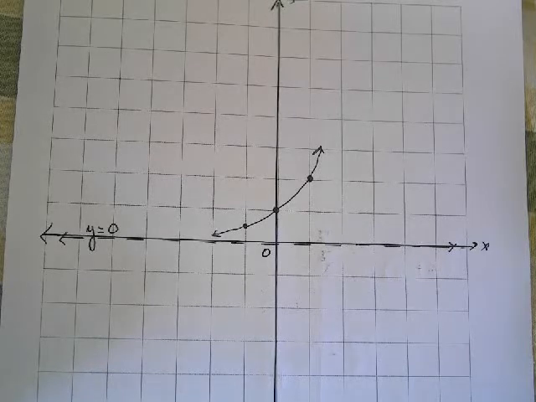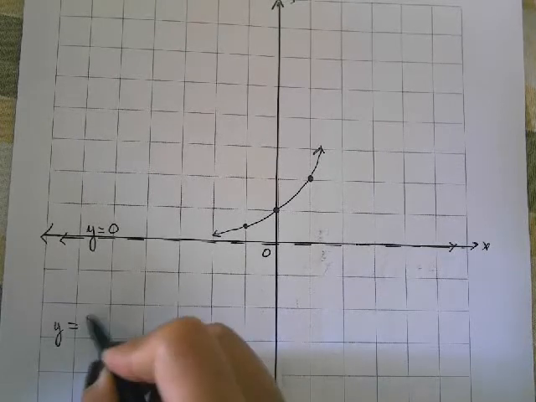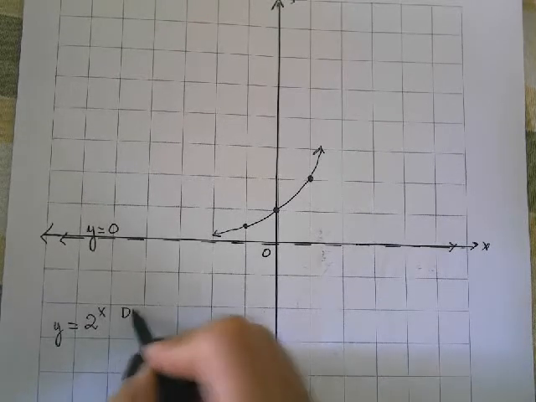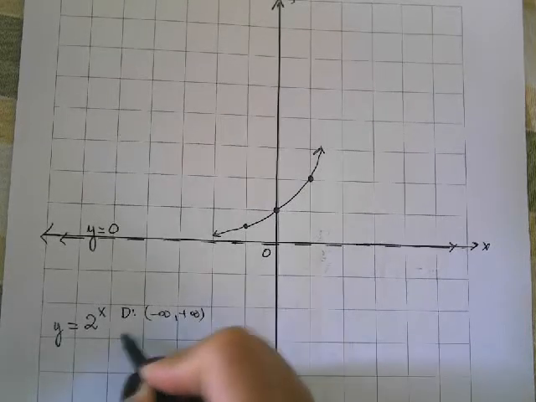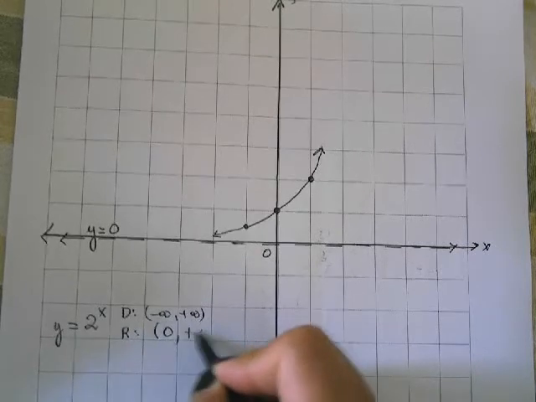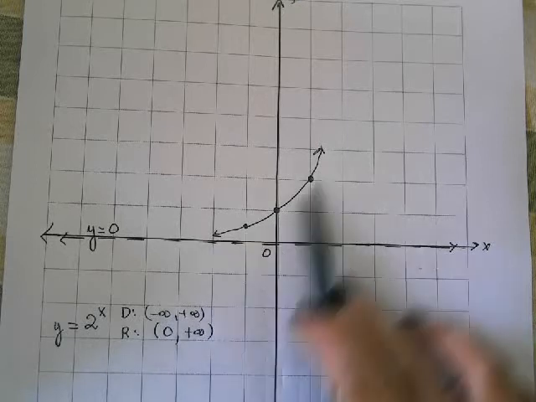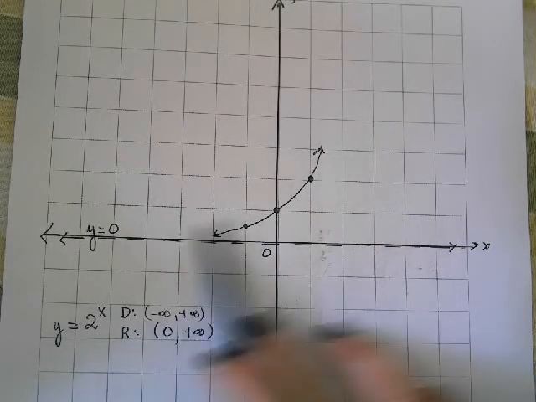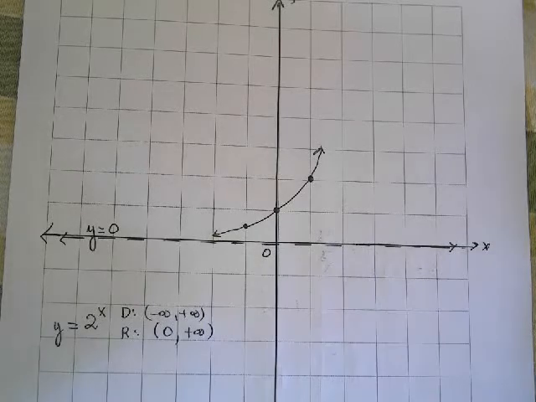For y equals 2 to the x, domain is all real numbers. Range is open, 0 to positive infinity. You could also see that from your graph, right? Your domain is left to right, but your range is above 0.